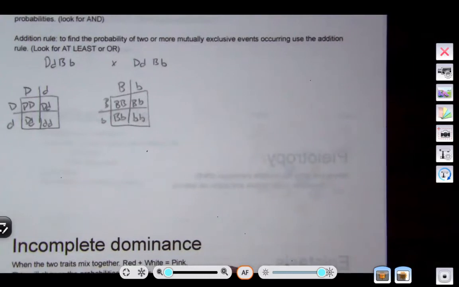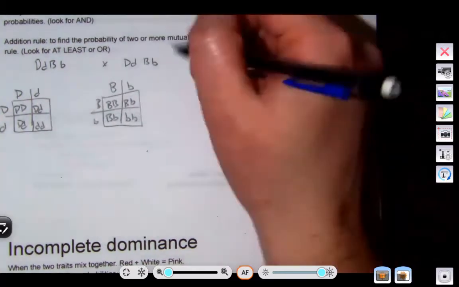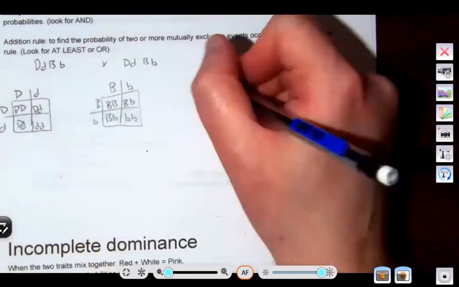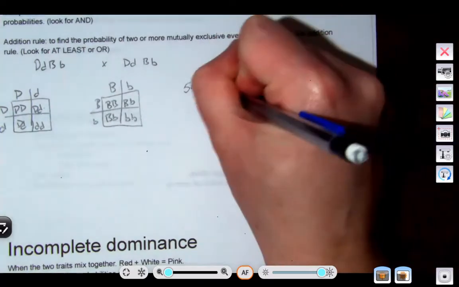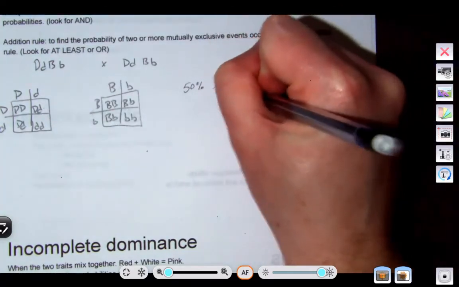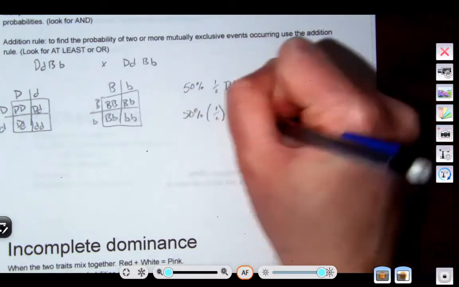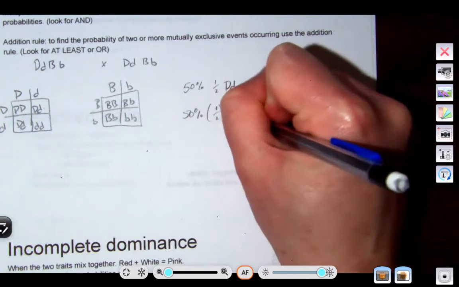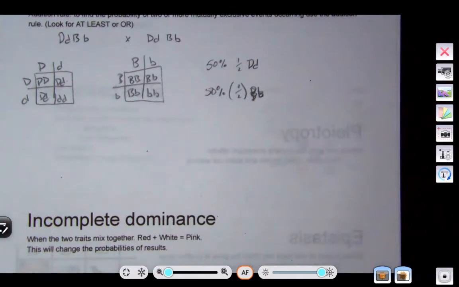If I want to know what percent of these offspring are going to be heterozygous for both traits, I look at it and see it's a 50% chance, or one half, of being big D little d, and a one half chance of being big B little b.